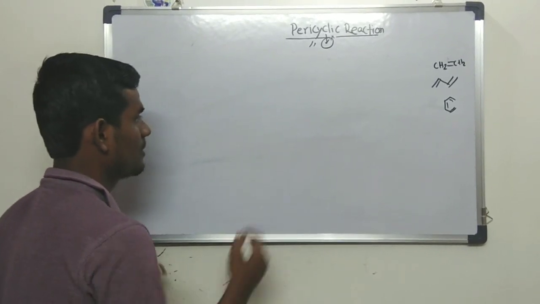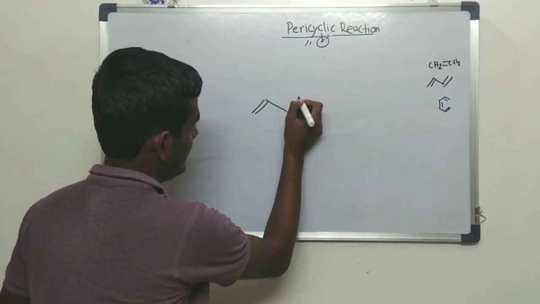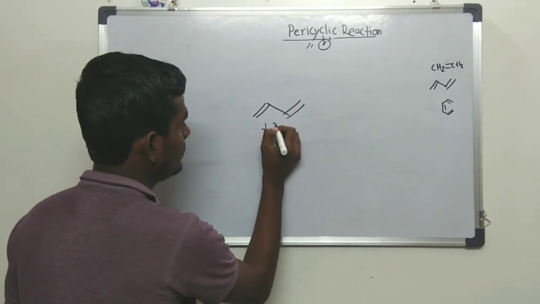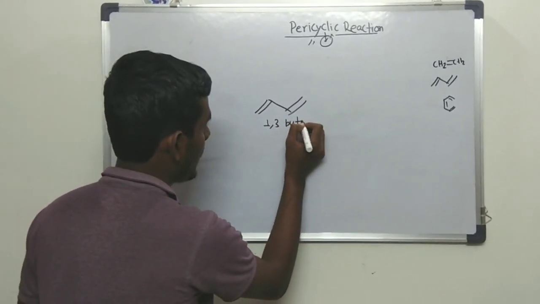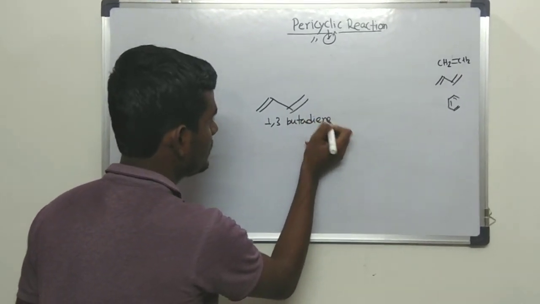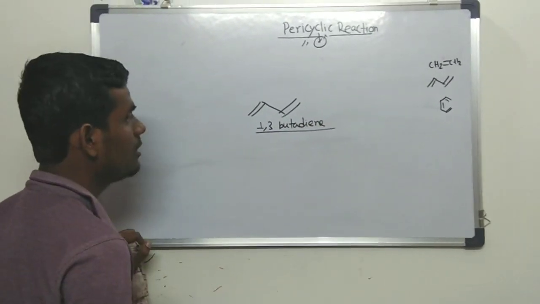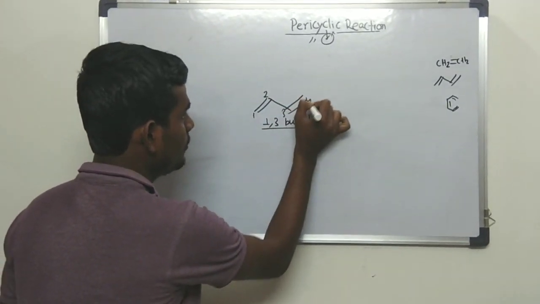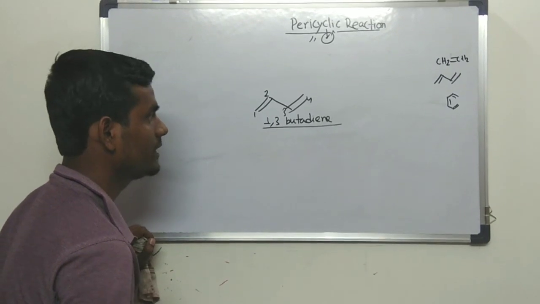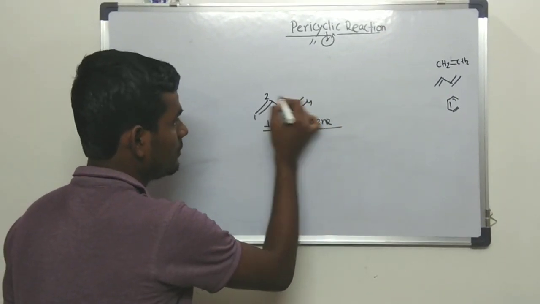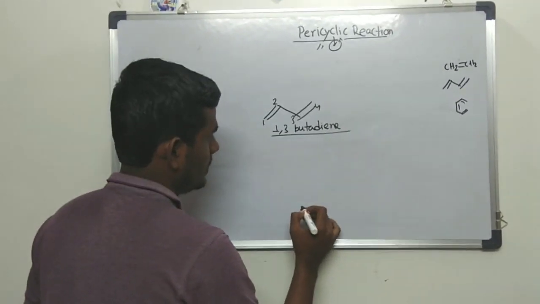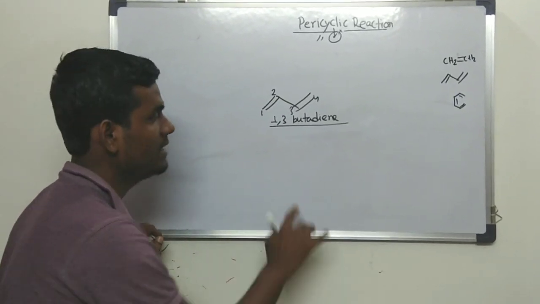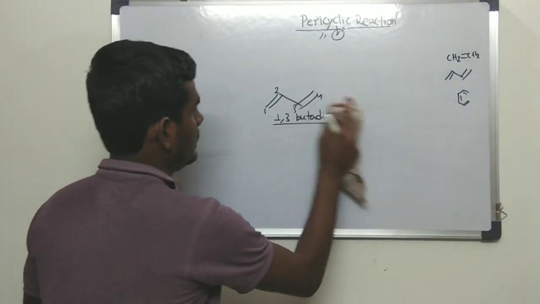For example, one of the most important molecules in pericyclic reactions, which will be everywhere, that is 1,3-butadiene. So basically what you need to know is that there are 1, 2, 3, 4 carbons forming my pi molecular orbitals.